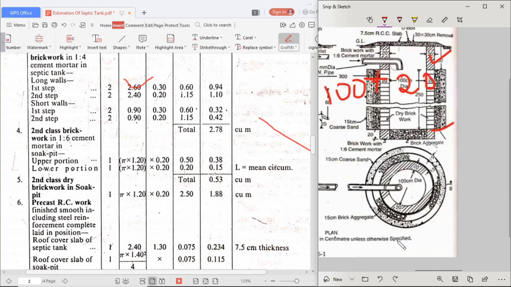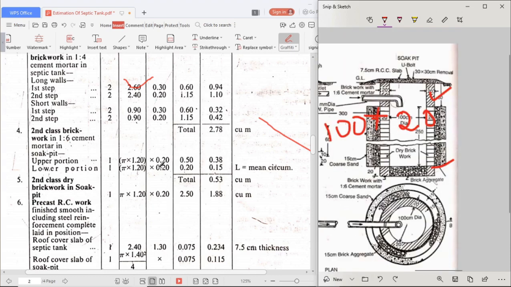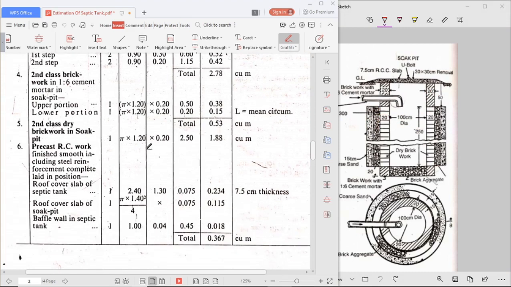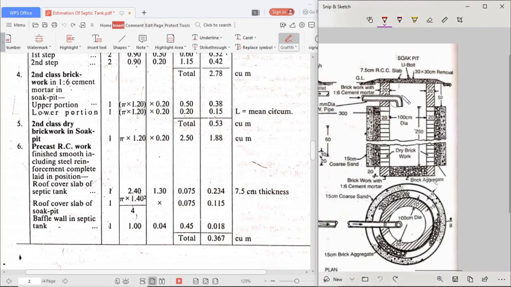So we are getting 1.20 as the distance, meaning the diameter. See here, the upper portion, pi into, this is the inner diameter 100, 100 plus 20 plus 20, 1.40.